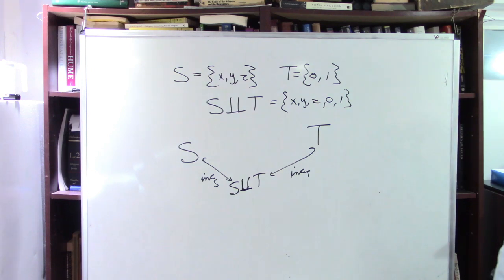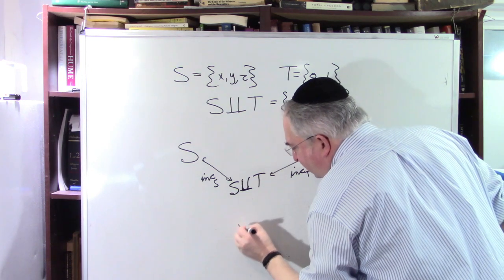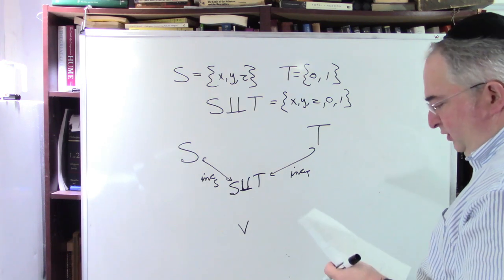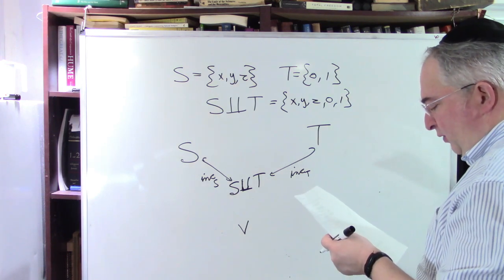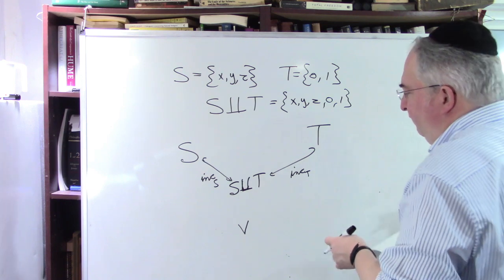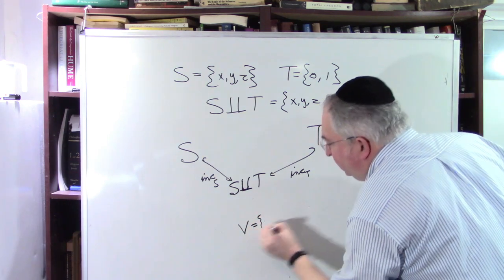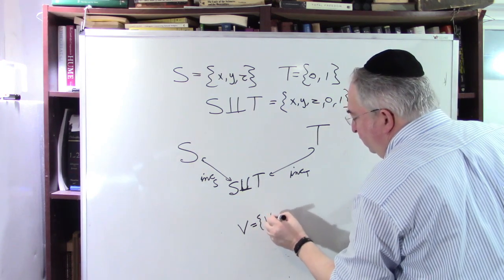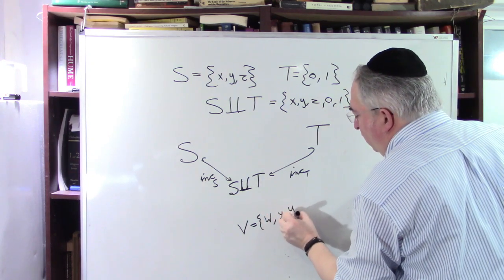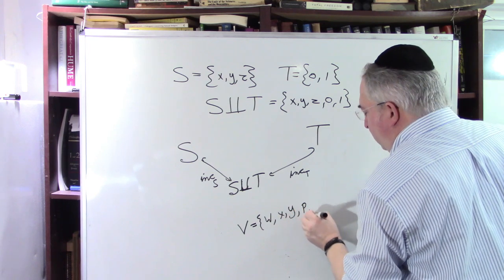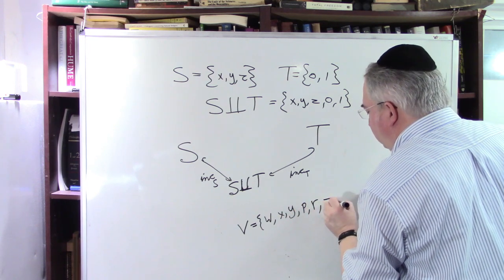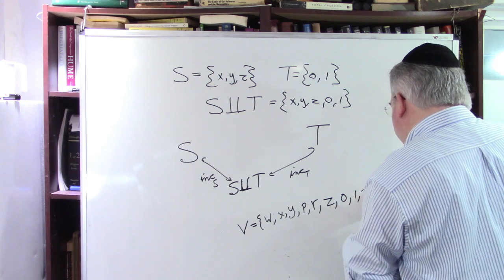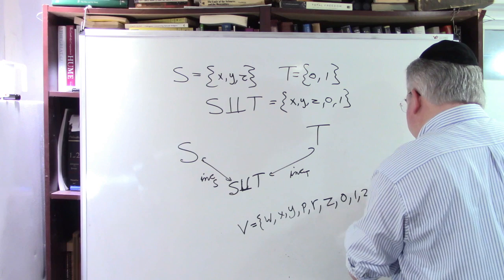Great. But now I'd like to look at another set, V. And we're going to have a few of these, and we're going to see what we have. So here's another set. Ready? V is equal to not just X, Y, it's also W, X, Y, P, R, Z, 0, 1, 2, 3, 0 prime, something like that.